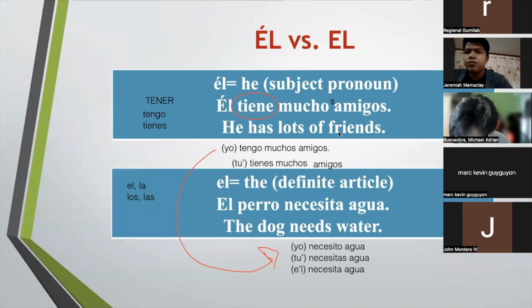Paano pa kaya kapag nadagdagan na? So it's important that now you already understand that. You could already understand that. Okay? No questions? All right, moving on.